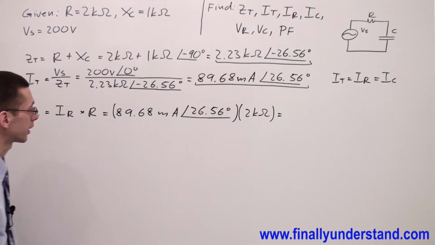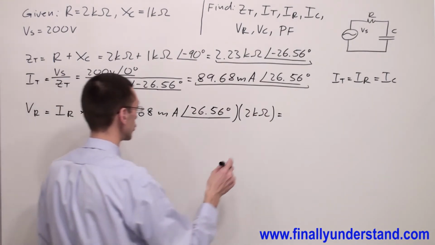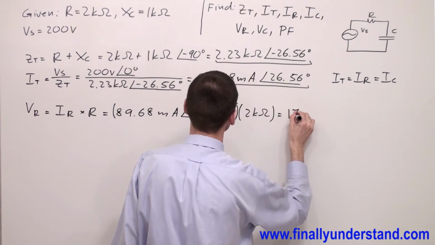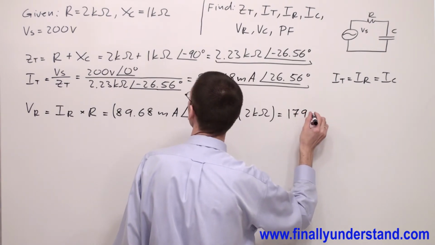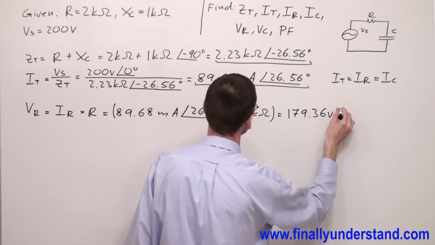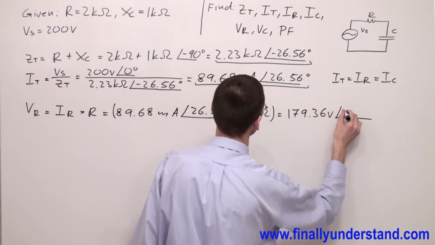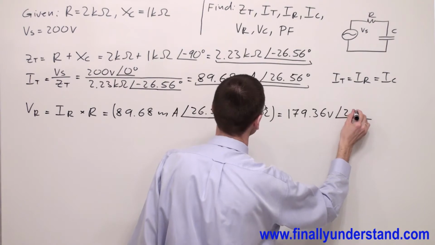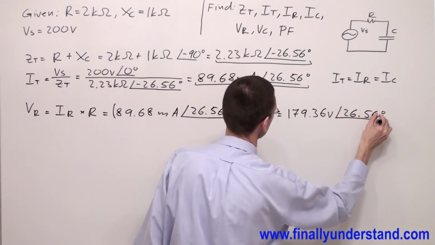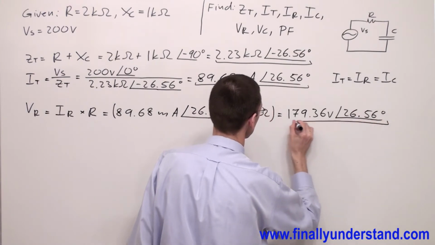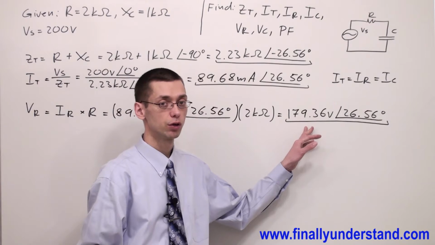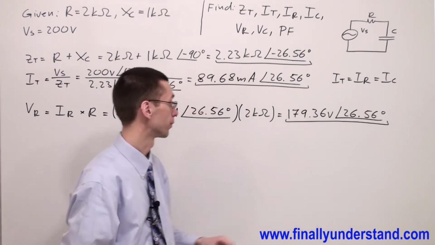Use the calculator and you're supposed to get the value 179.36 volts and angle of 26.56 degrees. So this is the voltage which we are going to have across the resistor.